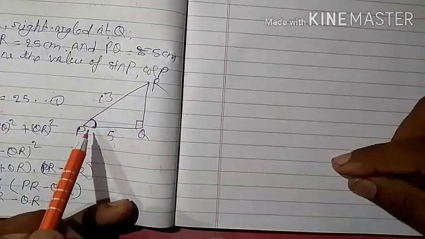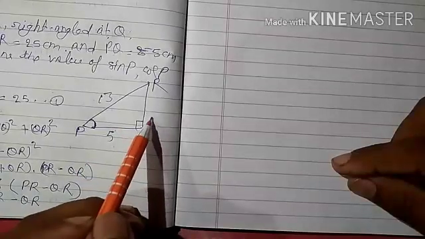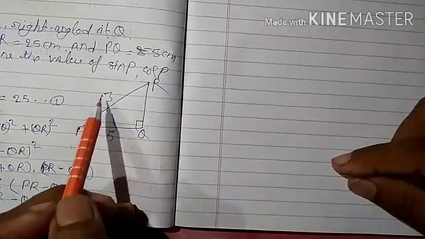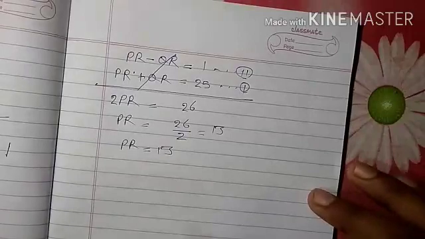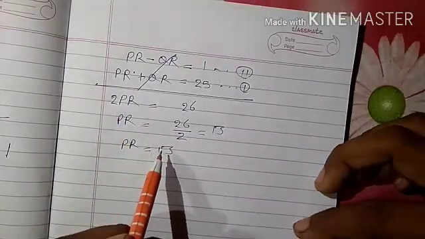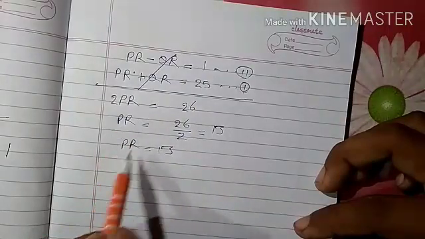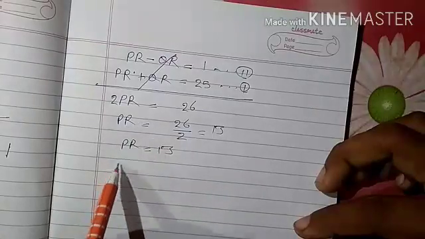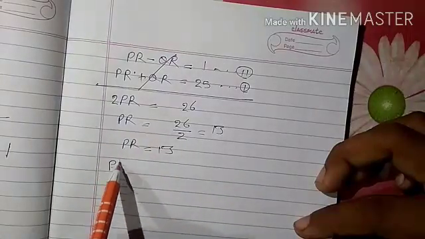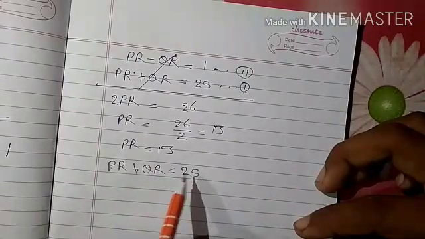For angle P, for sin P, this is the base, this is the perpendicular and this is the hypotenuse. So sin P is equal to perpendicular divided by hypotenuse. So this is 13, that is PR is equal to 13. Now the value of QR: we put PR in equation number first. PR plus QR is equal to 25.